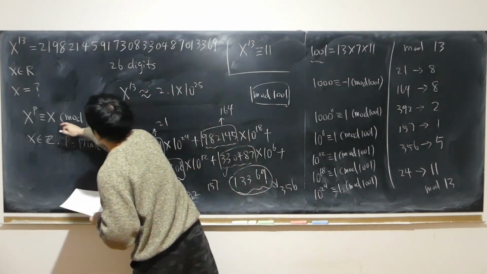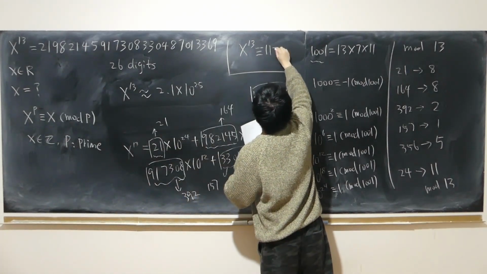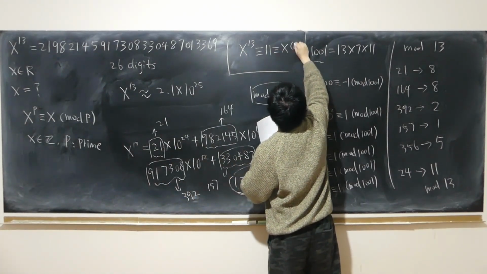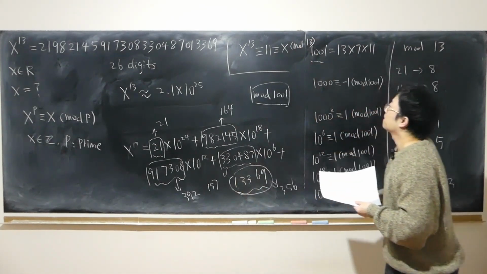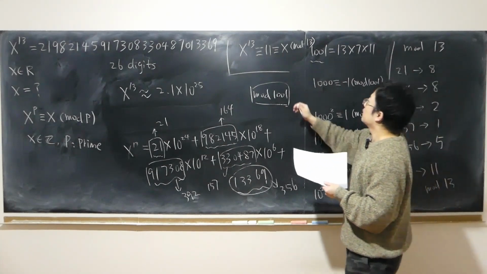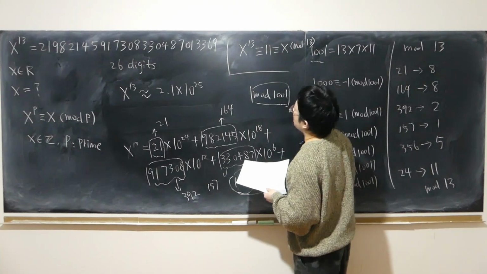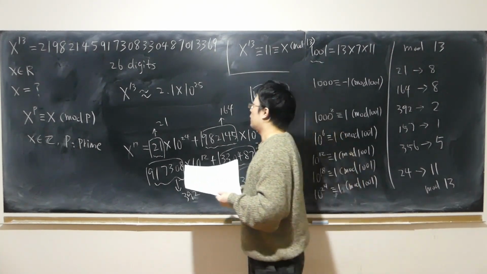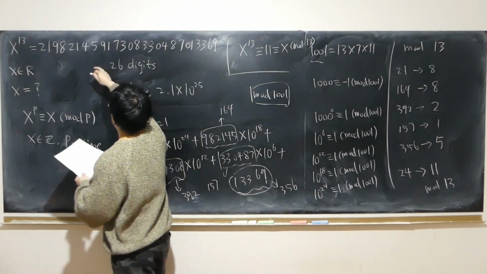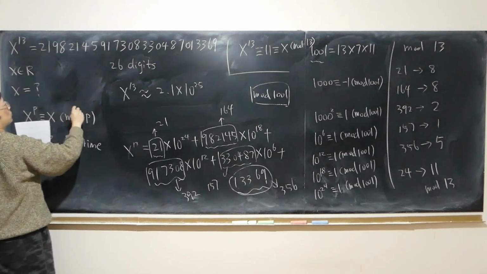So also the same as the remainder of x mod 13. So in other words, x, if divided by 13, has a remainder of 11. But x cannot be too large, right? X cannot, because even though this is very large, x cannot be too large.